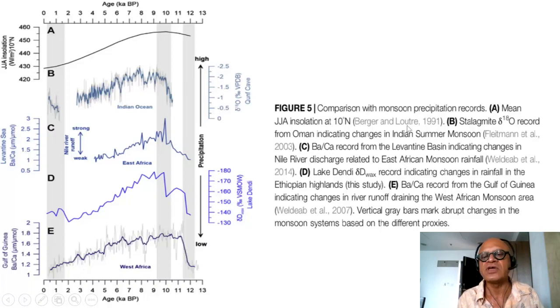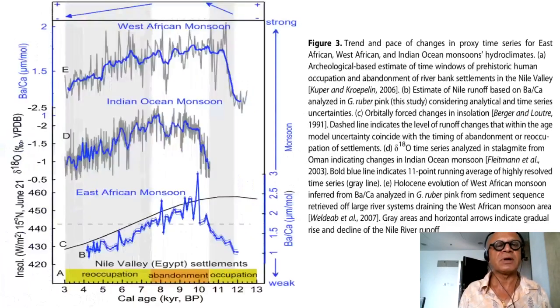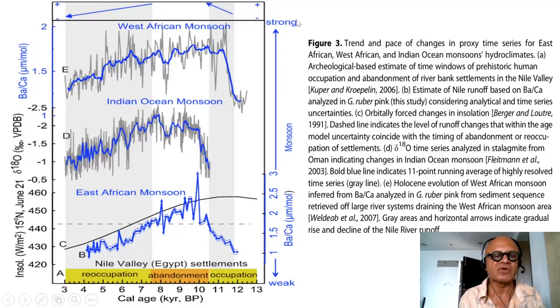So there is a coherence when you compare these different regions. Obviously the vertical gray bars mark the abrupt changes in the monsoon system based on different proxies. So we can always argue about what is abrupt change, but various indices can be used, but generally it's something you can see in archaeological evidences and soil stratigraphies, ocean sediments, and so on.